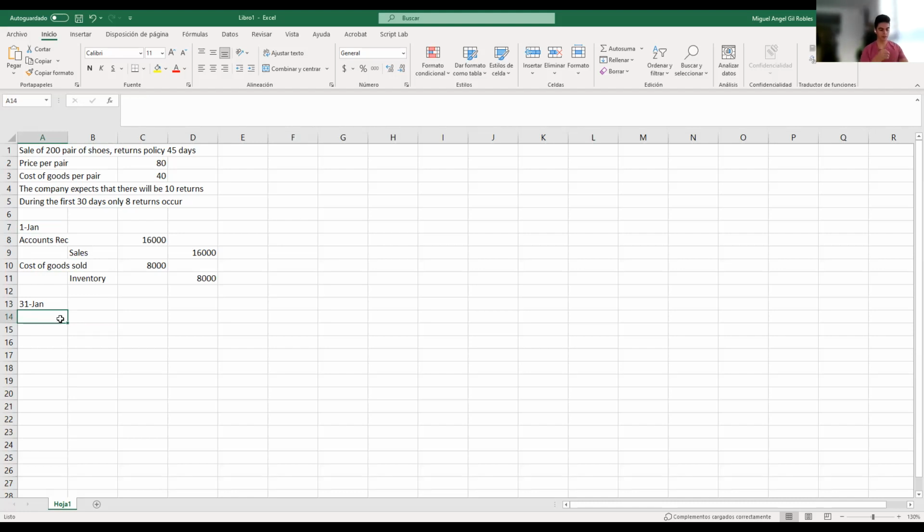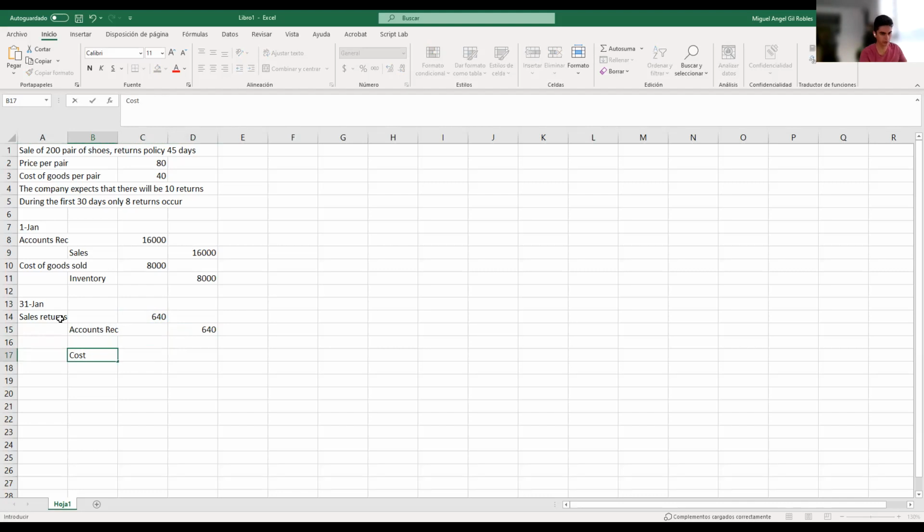So let's make the journal entries for the returns. The first thing that I need to account for is sales returns. Sales returns is the opposite of sales, right? So it will be $80 times 8, that's $80 per pair times 8. And here we are going to account for the accounts receivable, since we are not going to receive that. And we also need to account for the cost of goods sold.